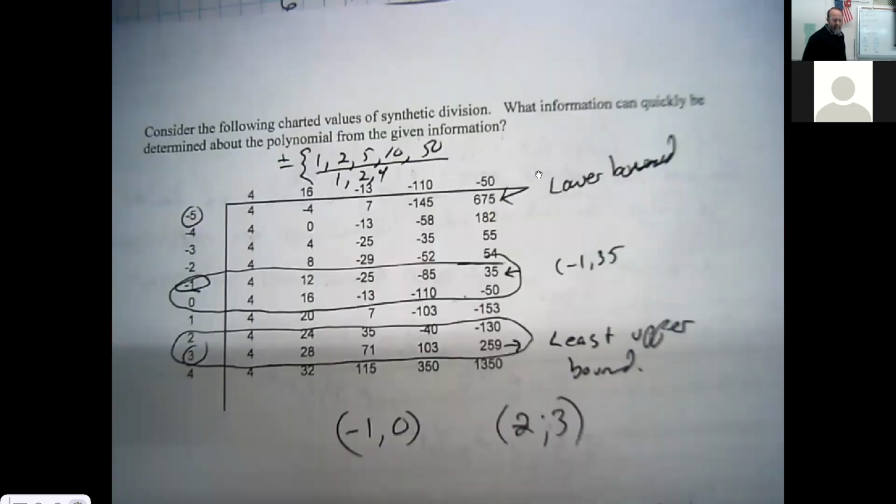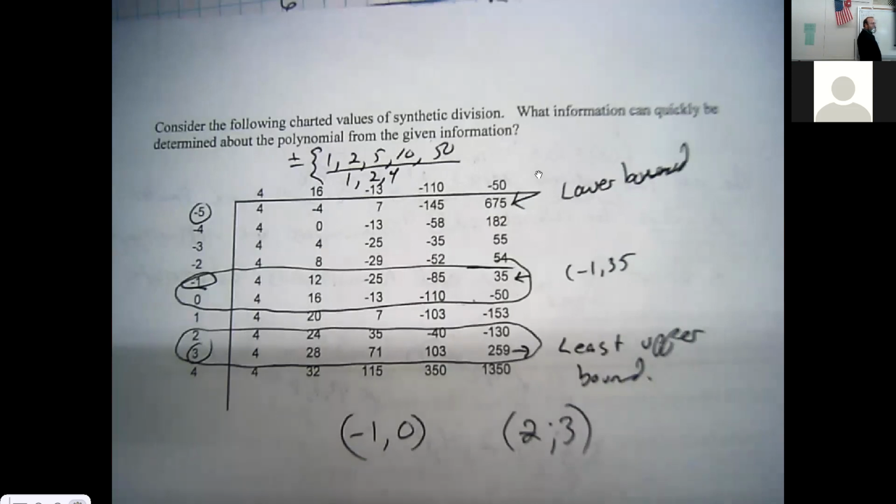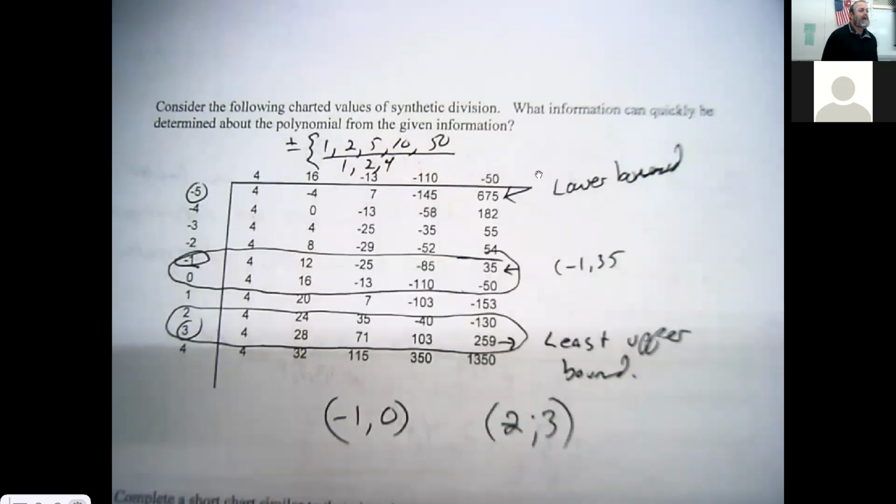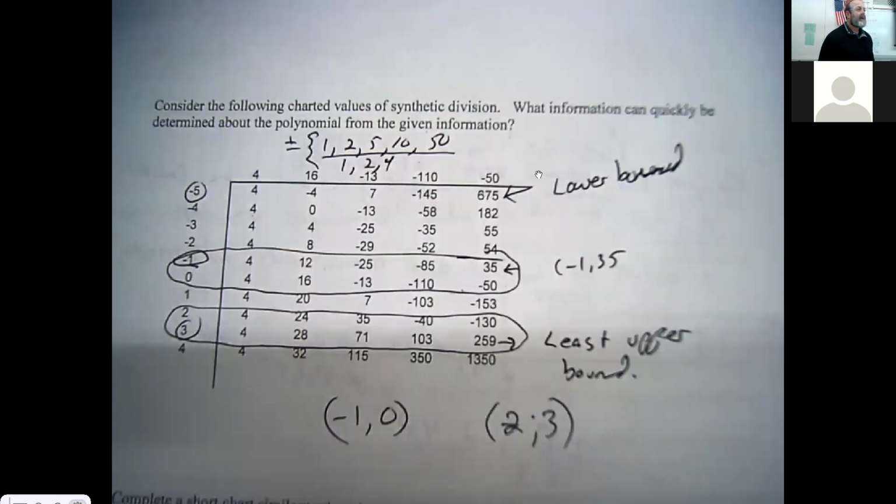Is there a number in my list that seems legitimate that I could try between 2 and 3? Look at my list of all of the possible rational roots. Can you see a fraction in there that's between 2 and 3? 5/2. So should we try 5/2 if we were going to do that? I'm not going to right now. Understand that, please. But should I try 5/2?